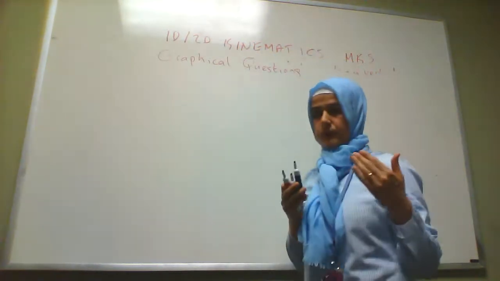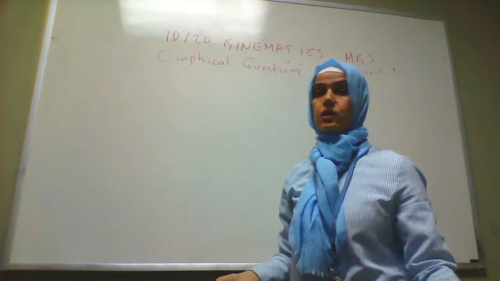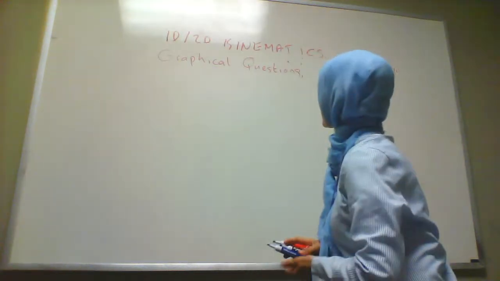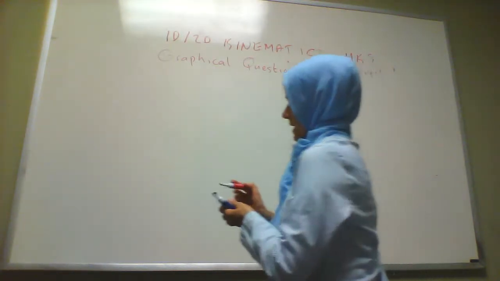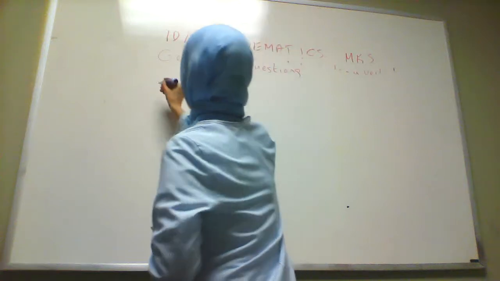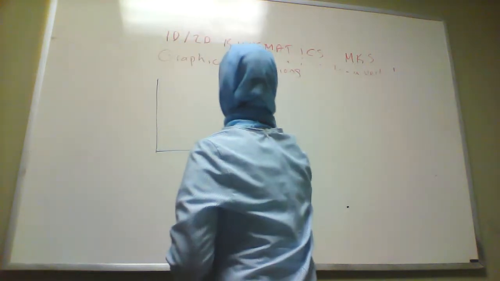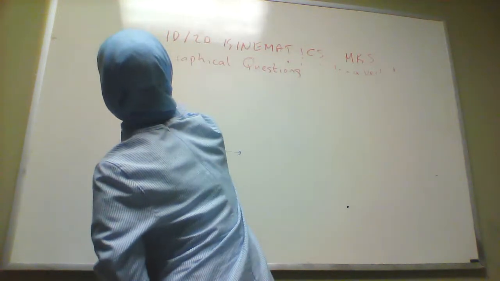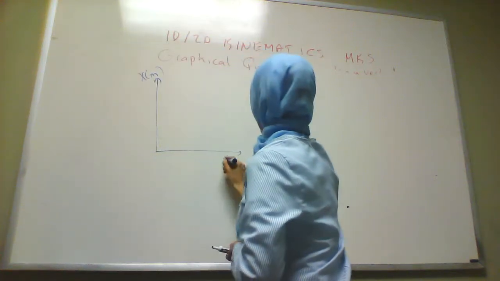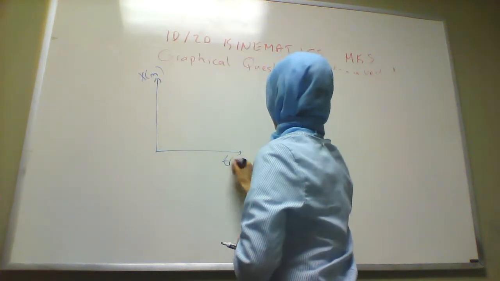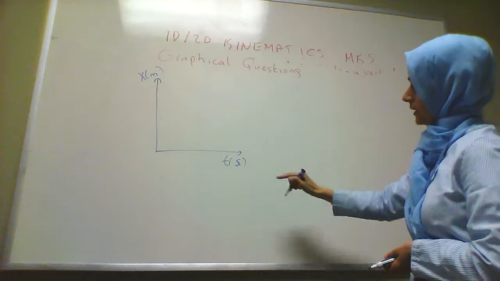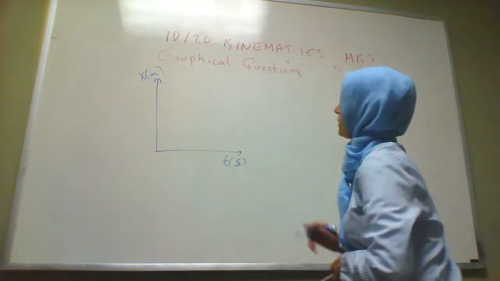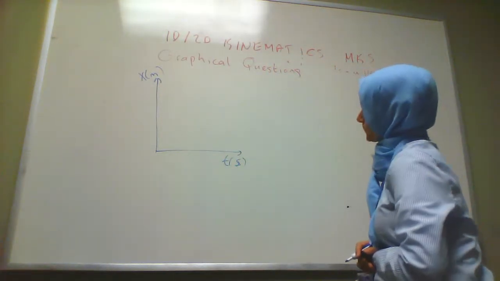We might be asked about the direction of velocity and acceleration, values, and so on using graphical questions. So what we had was position versus time graph. Let's say meters and seconds. Units could be different as well. Be careful about units when you're answering.